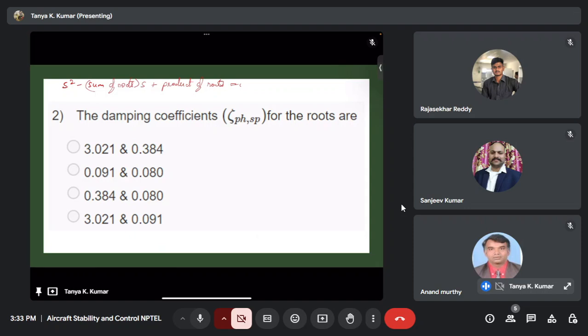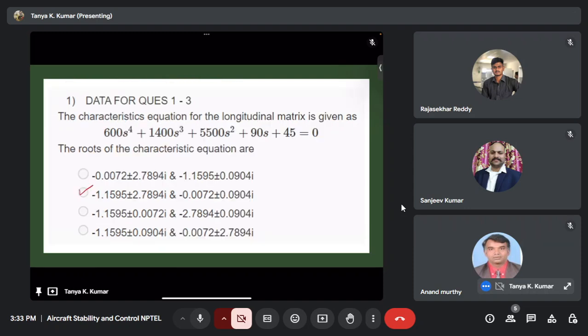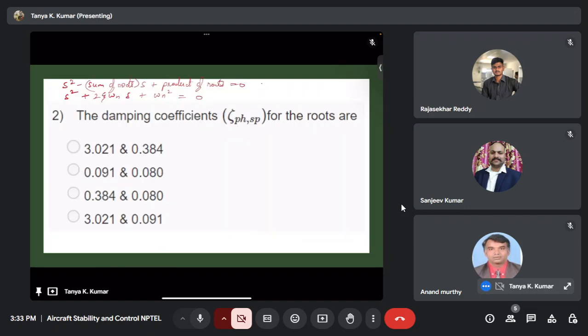And equated to the typical second order system, that is s square plus 2 eta omega n s plus omega n square equals 0. So in our case, what would it be? Our roots were minus 1.15 plus or minus 2.7.